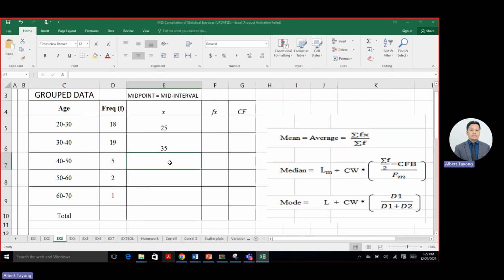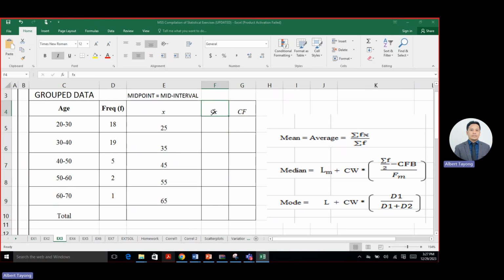The third one is 40 plus 50 over 2. And this will be 50 plus 60 close over 2. And here we have 60 plus 70 all over 2. So as you can see, we have a difference of 10 every time: 25, 35, 45, 55, and 65.